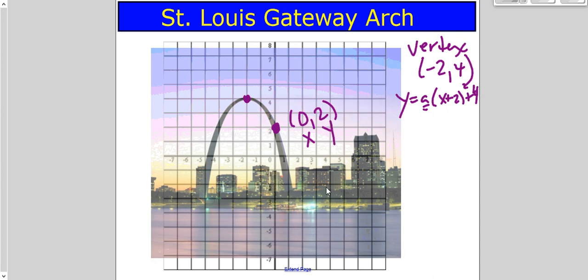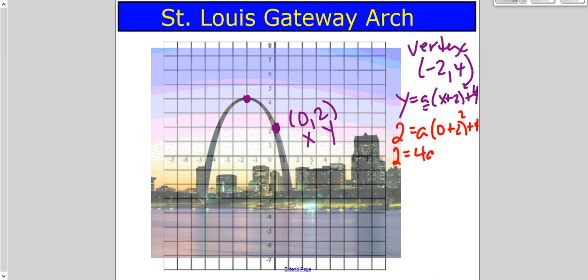So I can plug those values in for x and y in order to solve for a. So look at this. If I put a 2 in for y, and then a, and then I put a 0 in for x, I get this. So 2 is equal to a times 0 plus 2, which is 2, squared is 4.